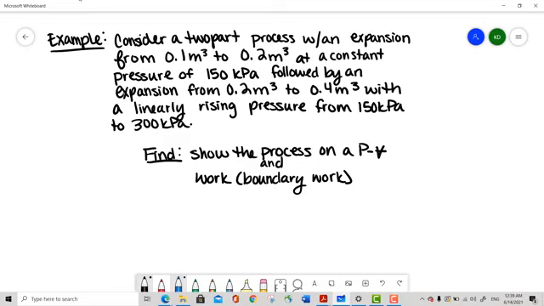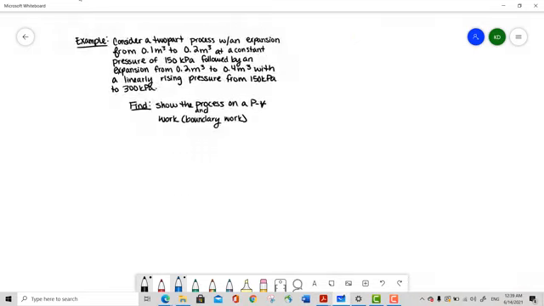Find, and we need to show the process on a PV diagram, and work, which is boundary work. All right, so let's just do this PV diagram here real quick, and then we'll go to another page to actually solve for work.